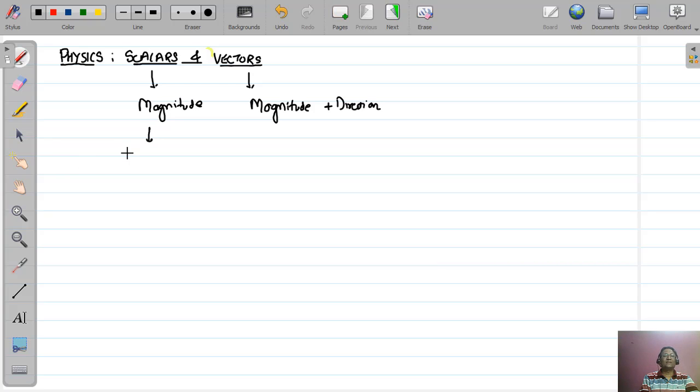Representation of scalars is by a simple letter, say A. And vectors are represented by a letter with an arrow over it. So it has two pieces of information. One is magnitude. That means we can represent this vector as magnitude and a direction.